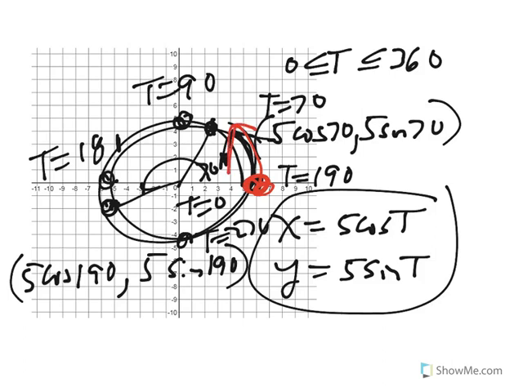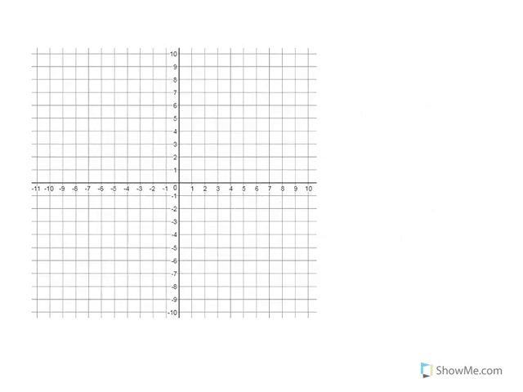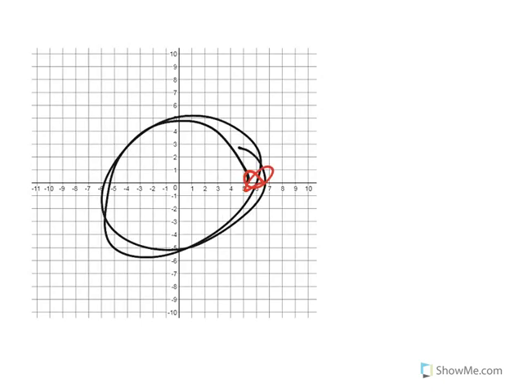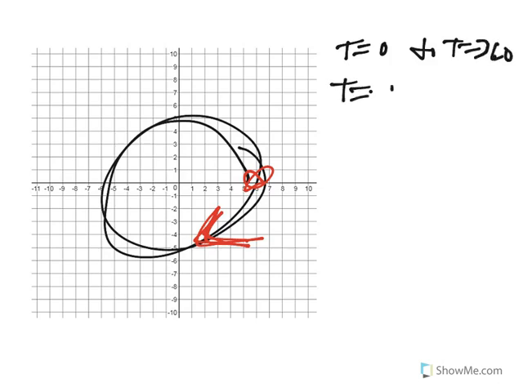If I want instead to make the circle go, same circle, it will look the same after it's drawn, but I want it to go in this direction. Well, t is still going from 0 to t equals 360. But this time, when t equals 90, for instance, I want to make this point over here.